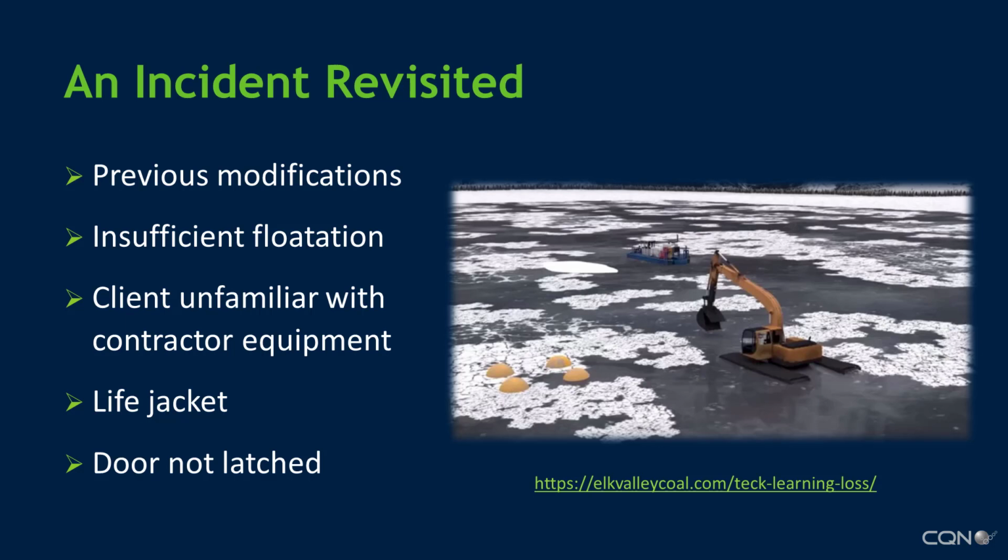This design of life jacket had the effect of pinning the operator to the bottom of the machine cab as it overturned. Best practice is a self-inflating life jacket, activated when the operator is clear of the machine in the case of capsize. And finally, the door of the operator's cab should be latched in the fully open position to allow quick operator egress when operating on water.